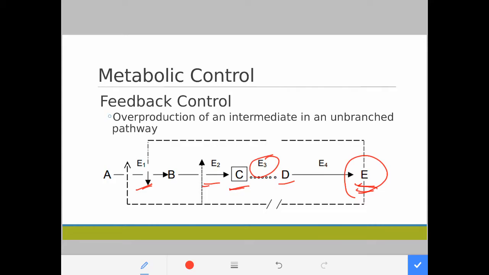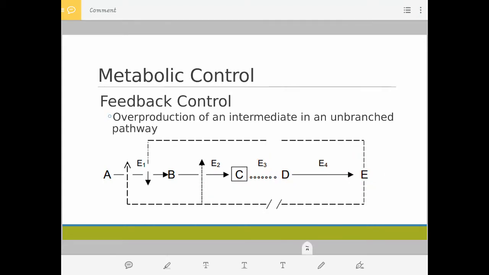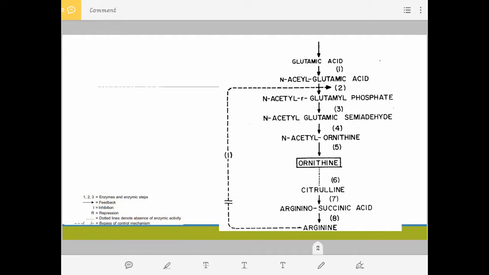In that way, you overproduce C, but you do not stop the pathway. There is no inhibitor being produced because the pathway stops here, so you cannot produce E. This pathway is not inhibited, but you still have a continuous production of C. So you have overproduction of C. That's the simplest feedback control derangement.